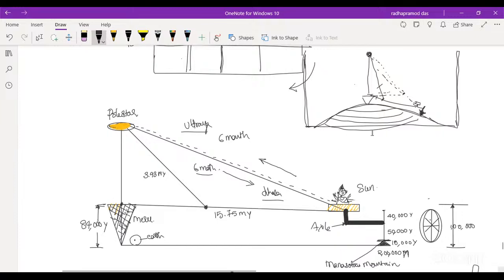So this is the movement on the Bhumandala, the Mansotra mountain. The sun goes up and down this cord, and the axle and the wheel are also going up and down. The wheel goes front and back also. It is 2 million miles, but this is a little more distance. Till now, are you able to understand why this diagram is given like this? This is the side view, and we'll draw the top view.